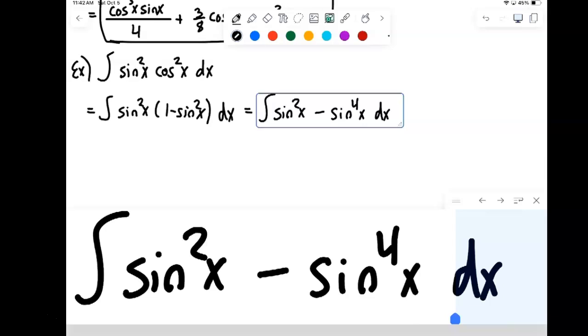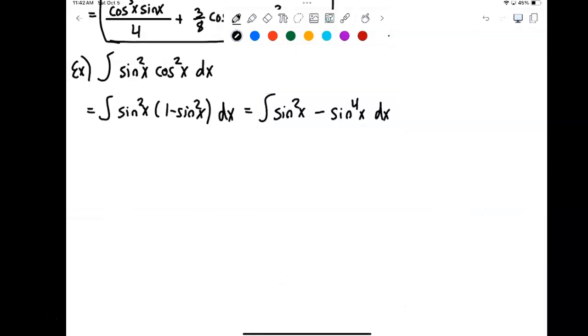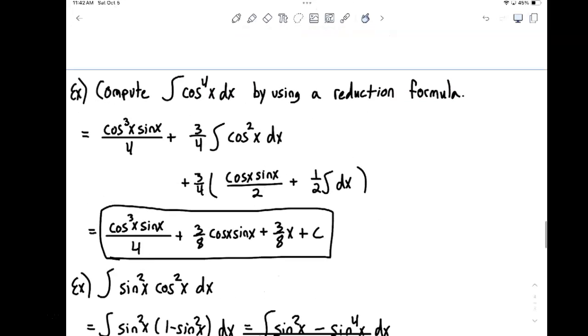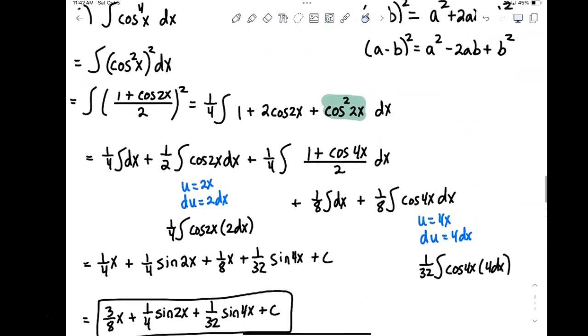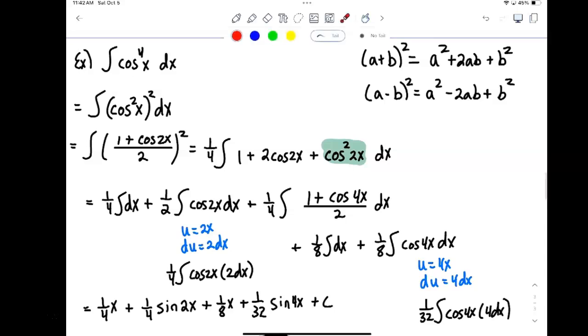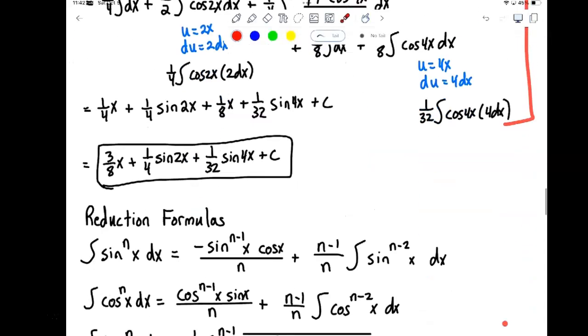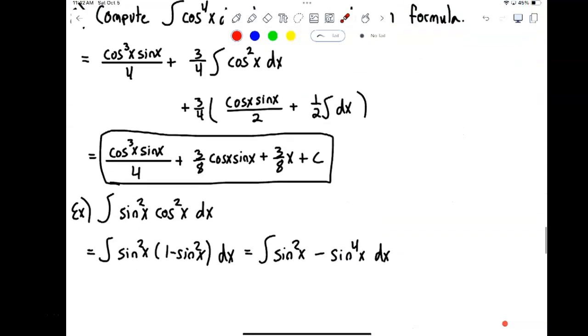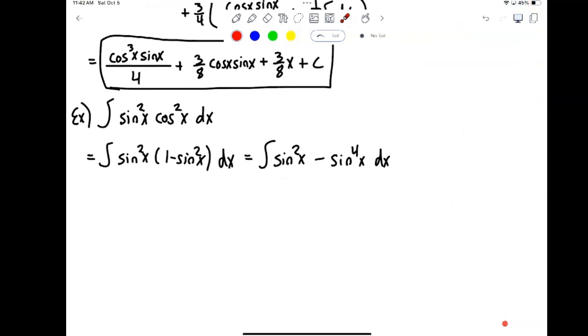Otherwise we would be stuck having to do an integral of sine squared, getting an answer, then having to do an integral of sine to the fourth, and we're back to going through this process if we were doing this by hand. But what we're going to do is use a reduction formula instead, because it's much quicker to do. It's still not short.